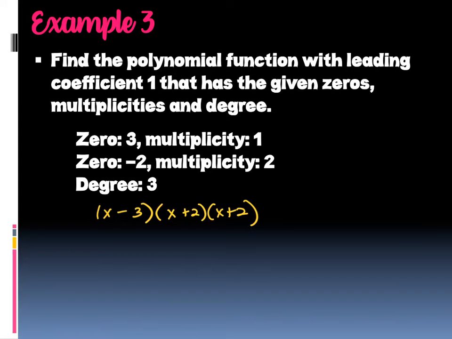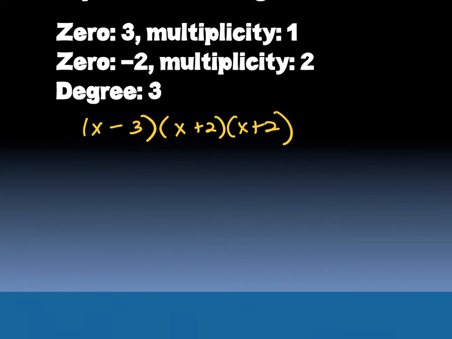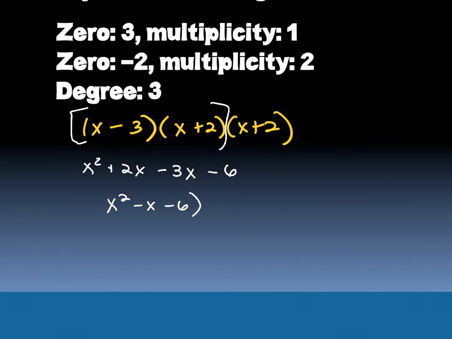And the degree is 3. What's the degree? Highest exponent. So once I multiply this out, my highest exponent should be to the 3rd power. So I'm going to multiply it out. I'm going to do these two first. x squared plus 2x minus 3x minus 6. x squared minus x minus 6.